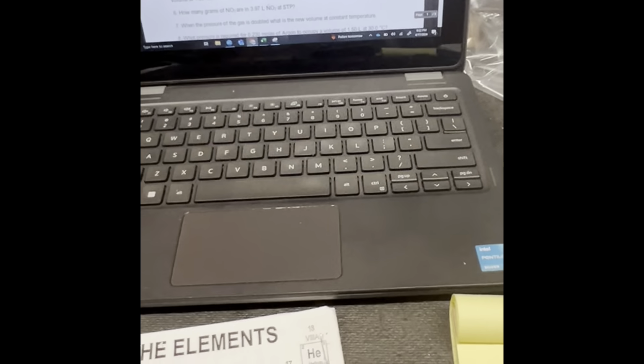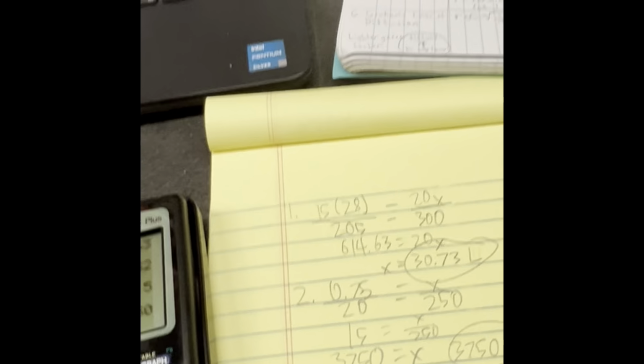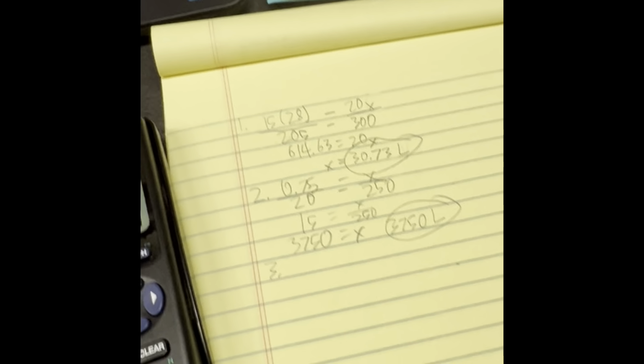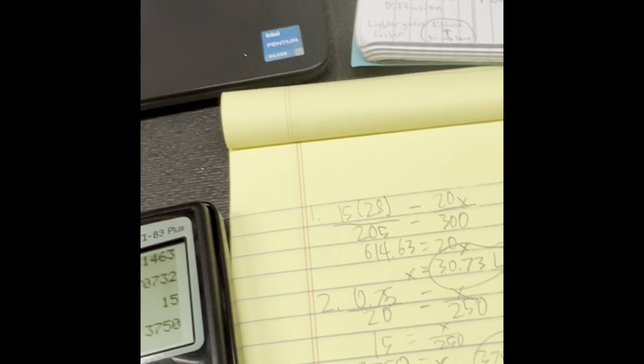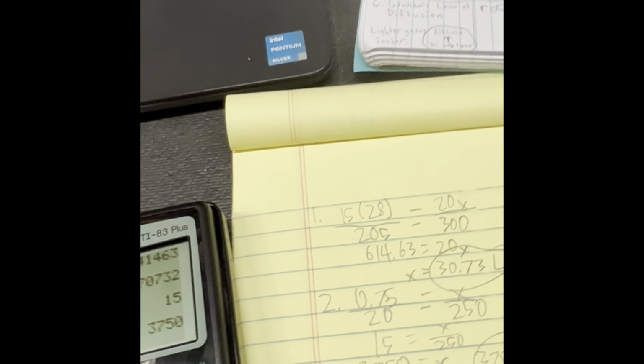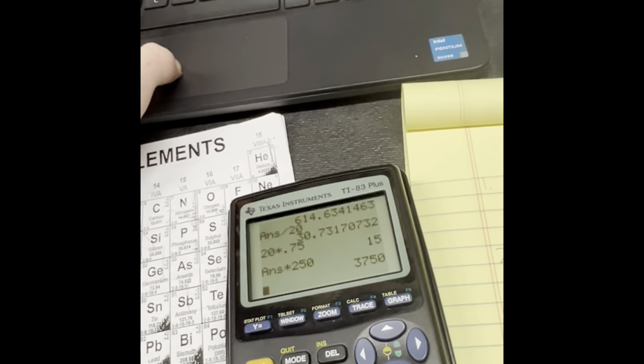Because I'm dealing with liters and milliliters, I'm going to convert 10 liters into milliliters. 10 liters to milliliters should be 10,000. Yeah, so 10,000 milliliters.